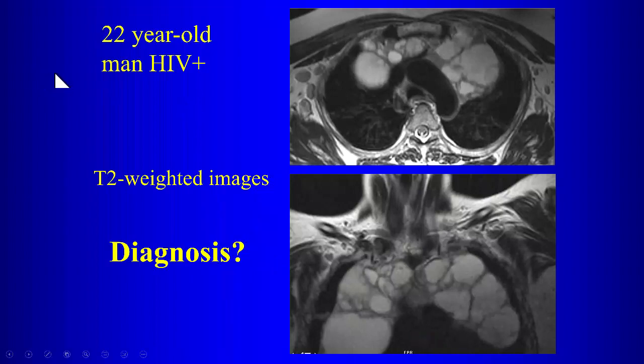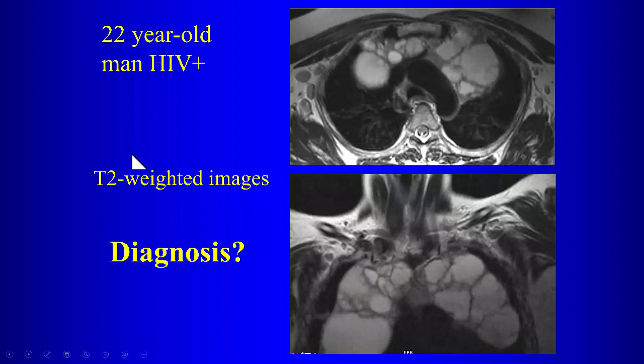22-year-old man, HIV positive. T2-weighted images. What's the finding? Fluid-filled. Yeah, so what do you call these? Well, you said they're fluid filled, so what do you call them? Cysts? Where are they?